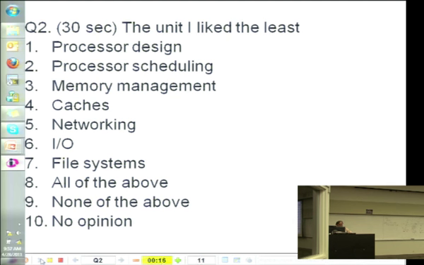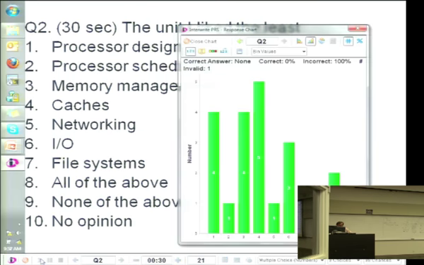Same set of choices. The question is different. Let's see. Oh, here it is, all over the place. The highest bar is for 4.